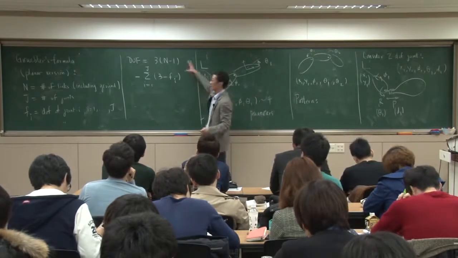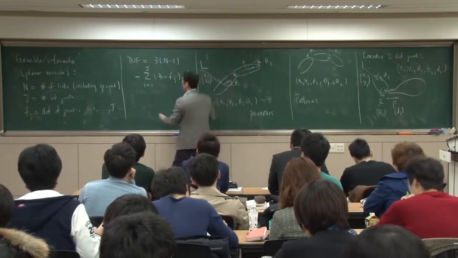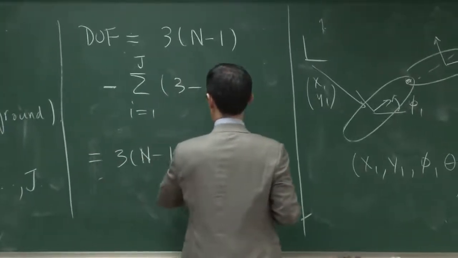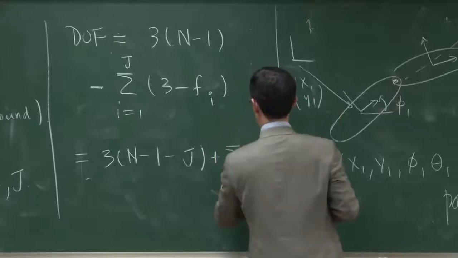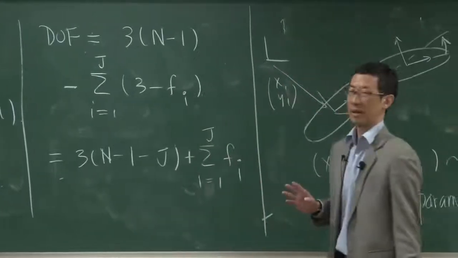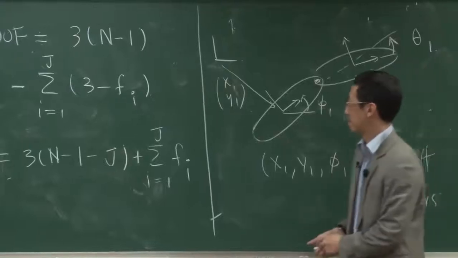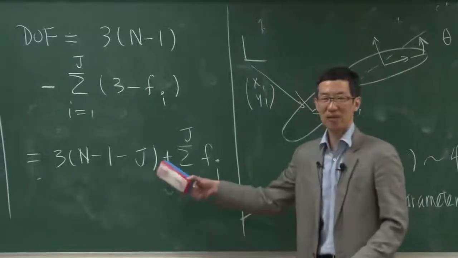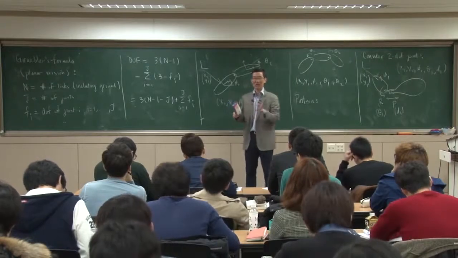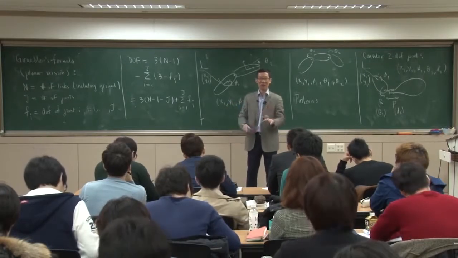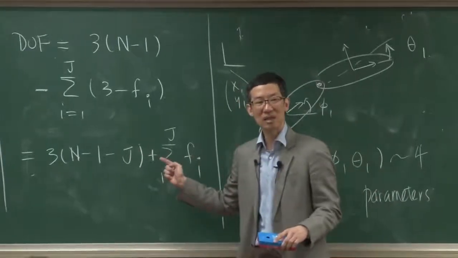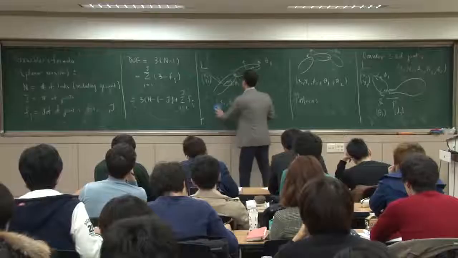We can actually make this a little bit simpler. So it's that. Here's our candidate formula that will allow us to calculate the degrees of freedom of a robot mechanism just by counting the links and joints.